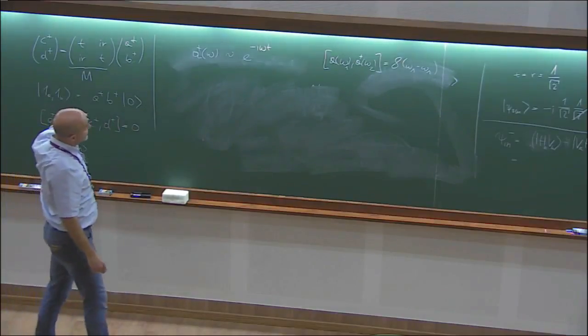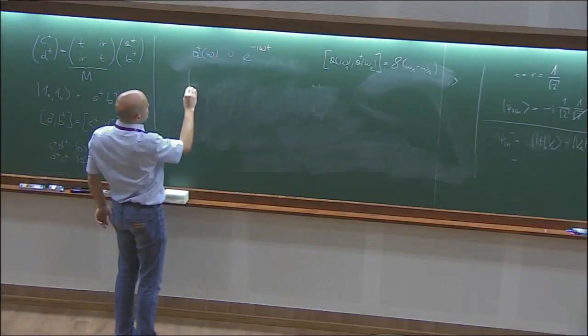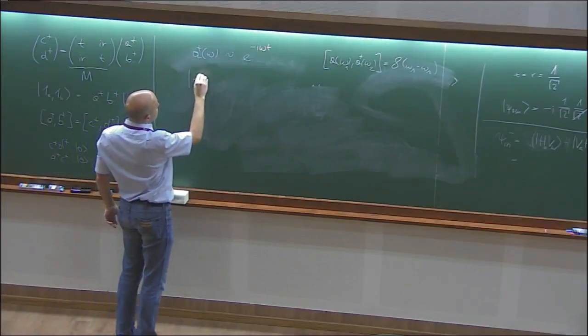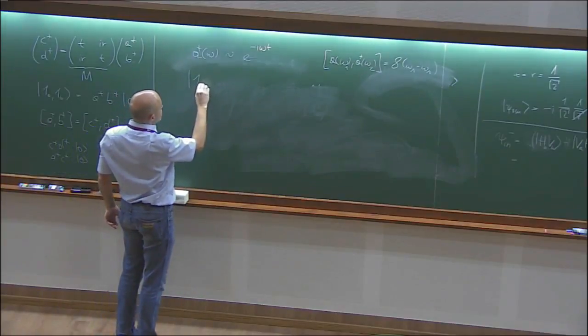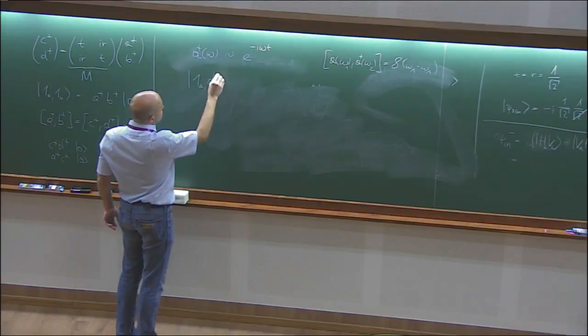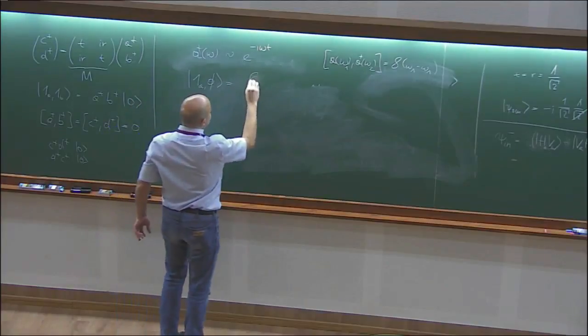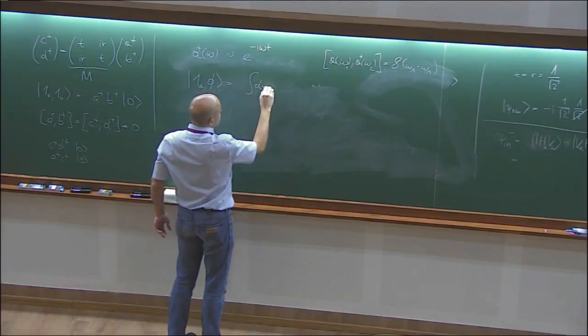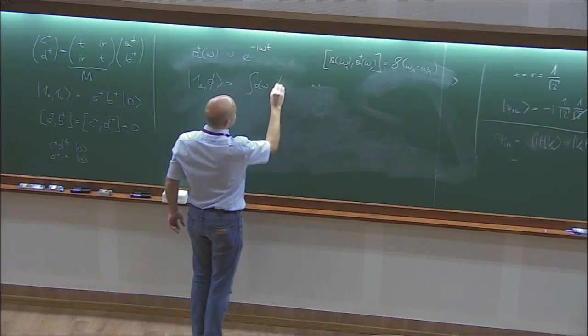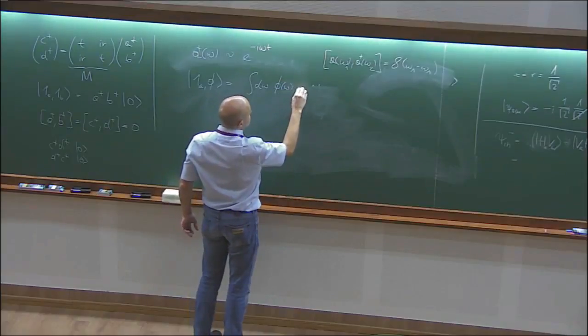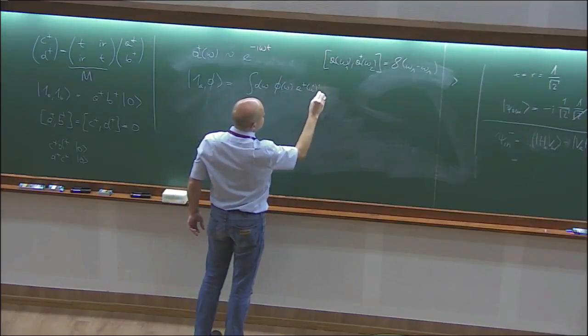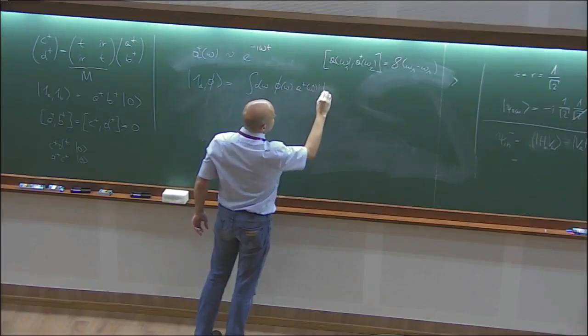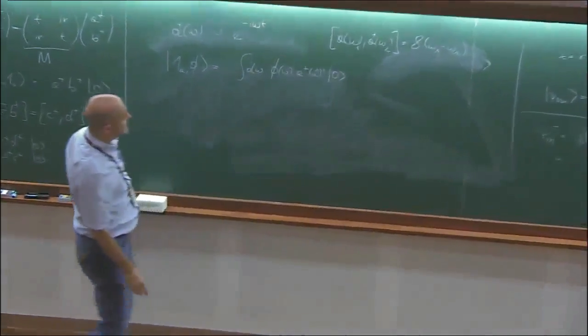And then I will write a single photon wave packet as 1A, with a phi here, meaning the integral d omega phi of omega A dagger of omega applied to the vacuum.